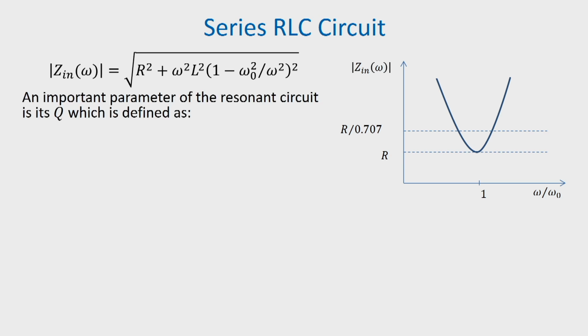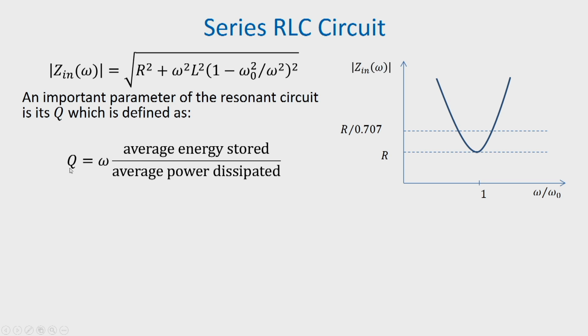An important parameter of a resonant circuit is its Q, which is defined as Q is equal to omega times average energy stored divided by average power dissipated.